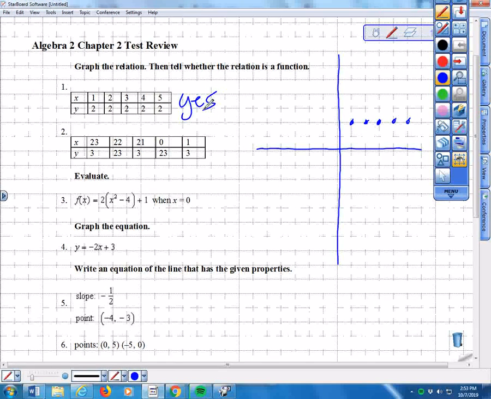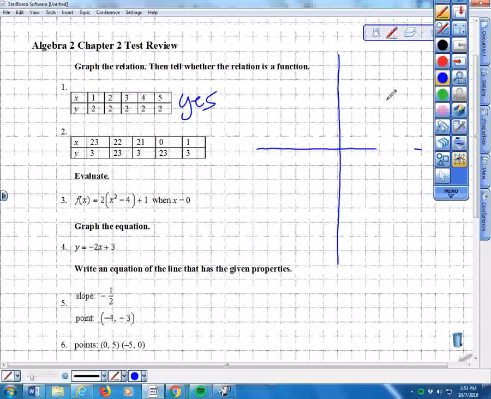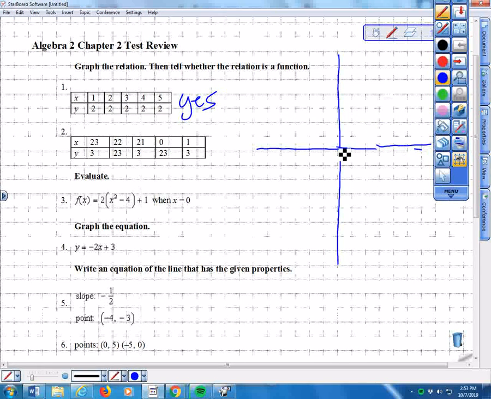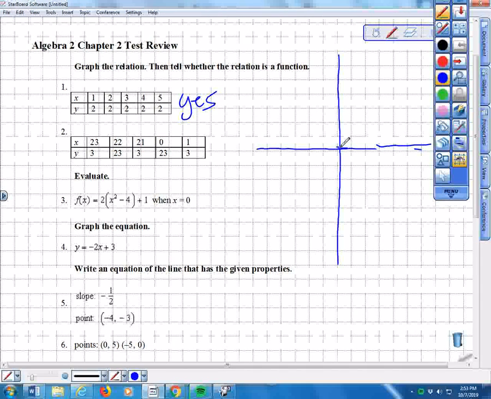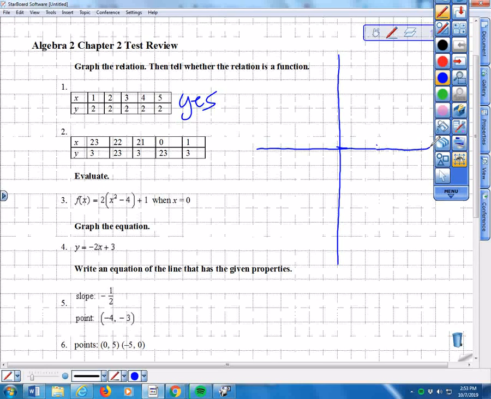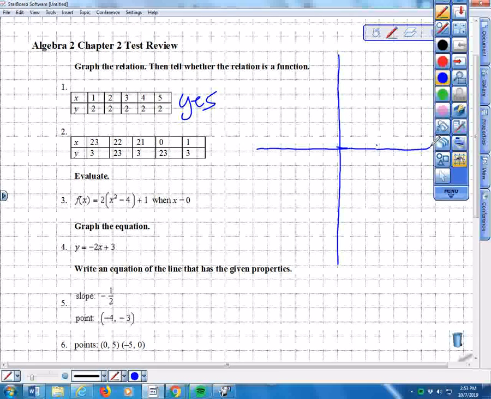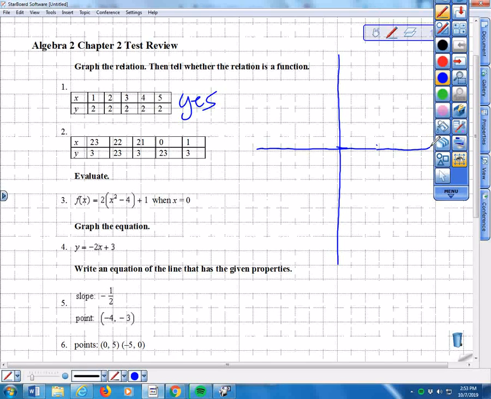Next one. I'm going to call this 20 here on the y, just to make things a little easier. I'll go up by tens, since I still have a 0 here.